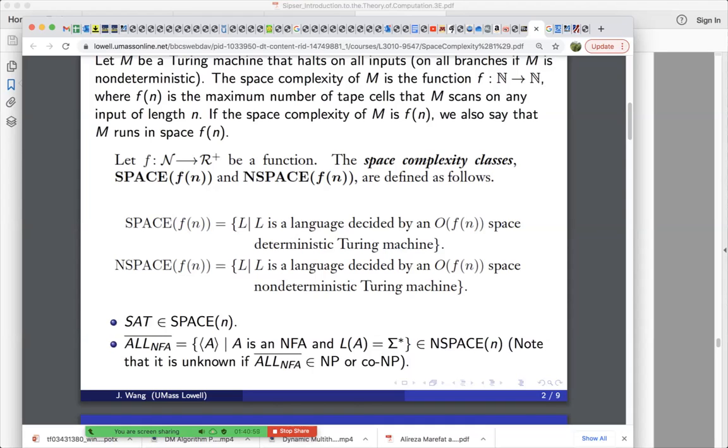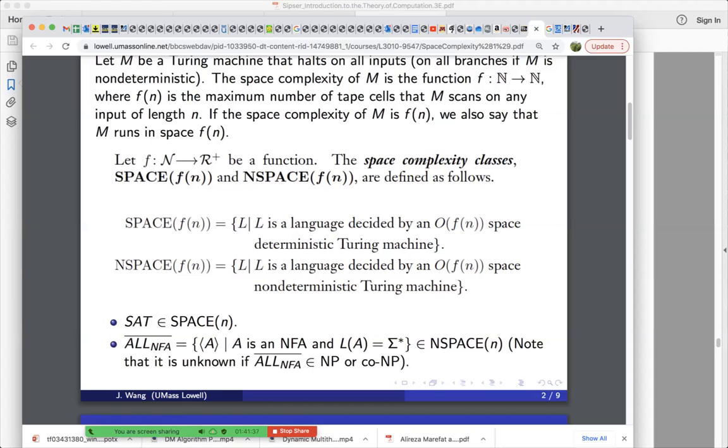Then for each truth assignment, you evaluate the formula using de Morgan's law. That will not take more than the space of the length of the formula itself. Hence, it is deterministic, because we just enumerate all possible truth assignments, and for each one we evaluate the formula using de Morgan's law. So that's deterministic linear space.